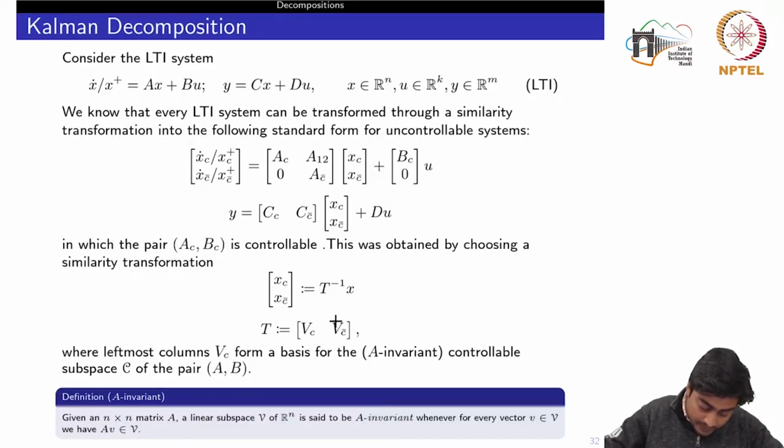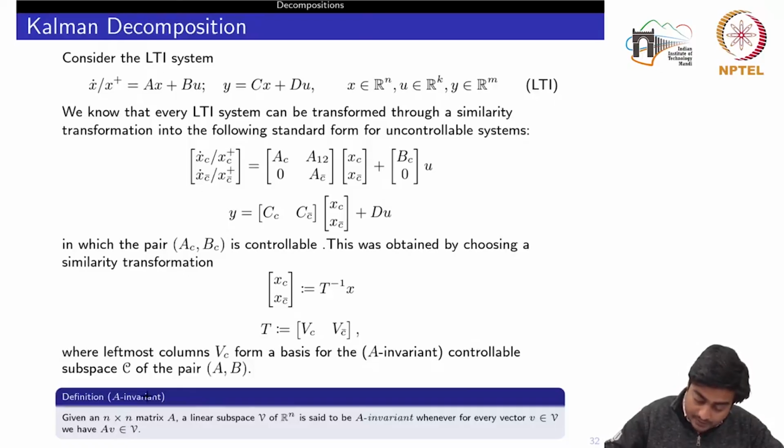Now here the leftmost columns of this V C form a basis for the A invariant controllable subspace of the pair A comma B. Try to visualize this. Here I have also recalled the definition of A invariant: given a square matrix A of dimension n, a linear subspace V is said to be A invariant whenever for every vector v belonging to that subspace we have Av also belonging to that subspace.